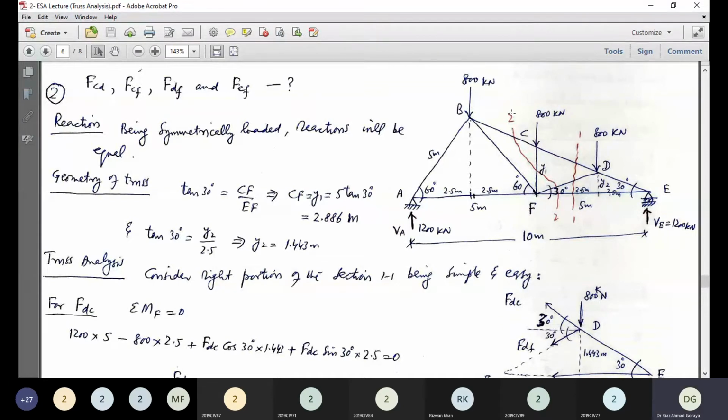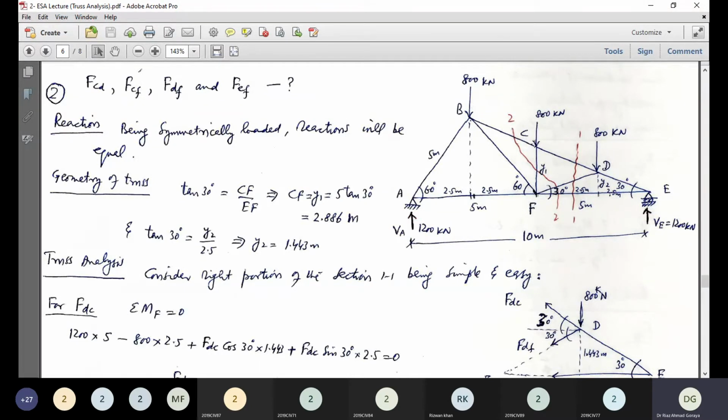Now if we proceed for section 2.2, because the force in member CF, this vertical member, is also required. This section 2.2 cuts 4 members, out of which 2 are known. So this section 2.2 contains only 2 unknowns. Okay, that is acceptable for us. But directly section 2.2 was not possible to address.